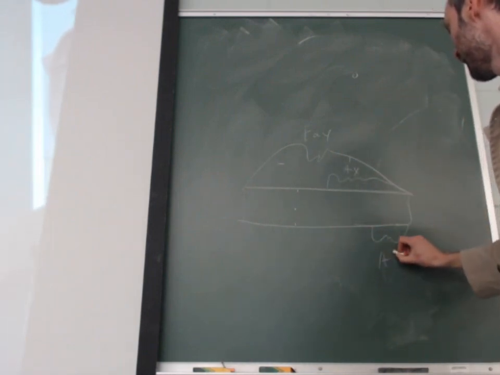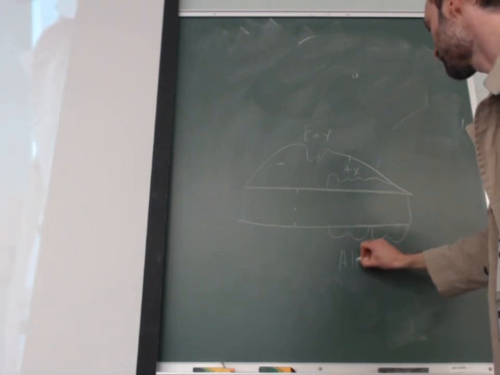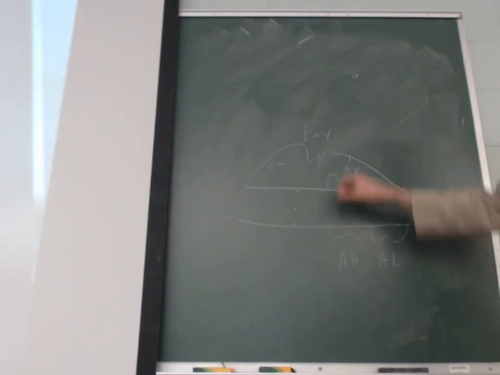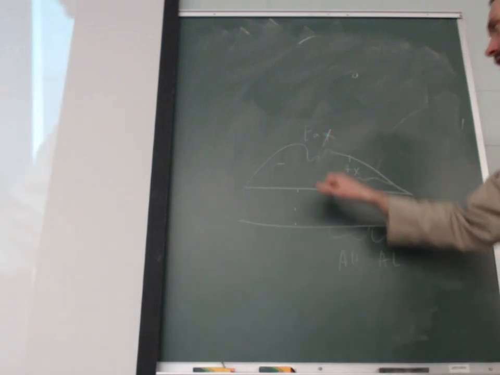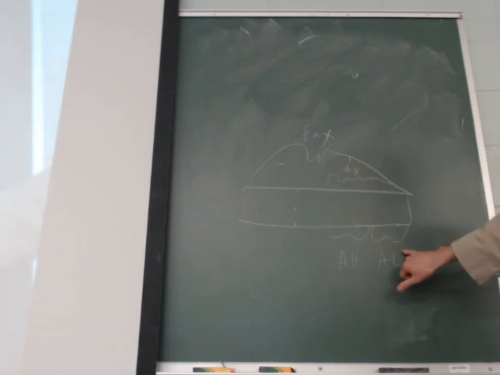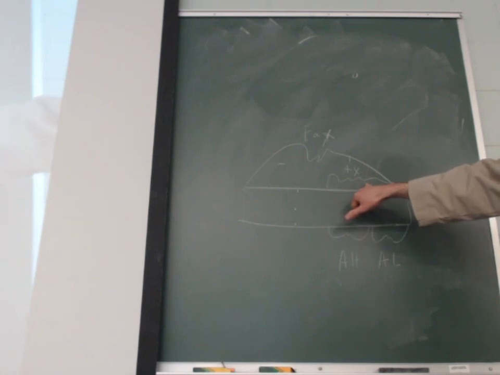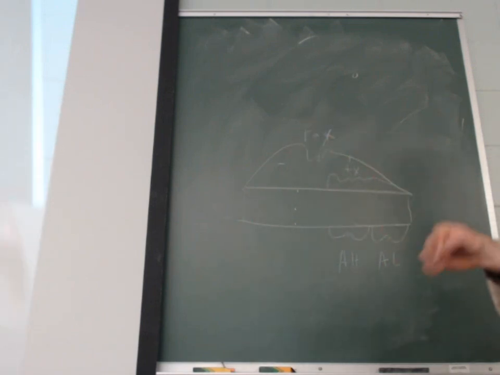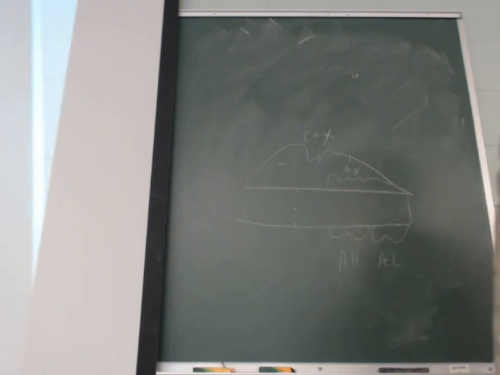This section right here is called AL, and this section right here is called AH. So if you load in EAX, you can access the first 8 bits with AL, the second 8 bits with AH, or the lower 16 bits with AX. Those are all different ways to access the parts of your register.